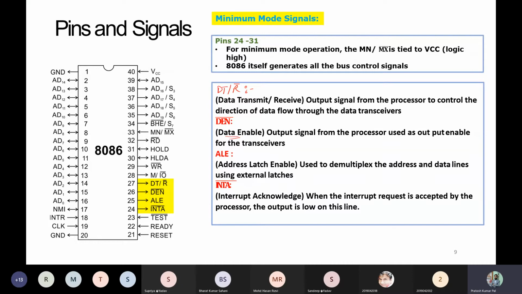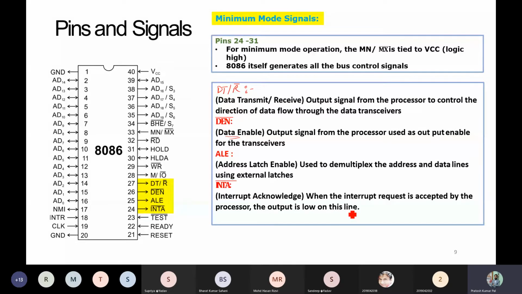This ALE is address latch enable, which is used in the case of multiplexing and demultiplexing of data and address buses. This INTA bar is basically interrupt acknowledgement. When the interrupt request is accepted by the processor, the output is low on this line.